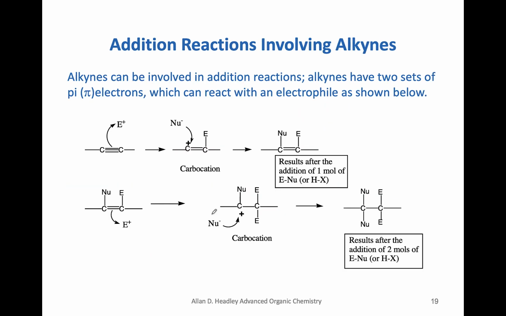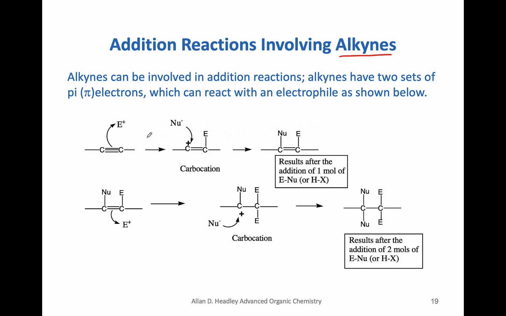Okay, let's continue. So let's look here at the addition reactions involving alkynes. These are the carbon-carbon triple bond. Just to refresh your memory, as you can recall, these are nucleophilic. There are two pi bonds in a triple bond. So one pi bond can react with an electrophile to form a carbocation, and the nucleophile can react to form this.